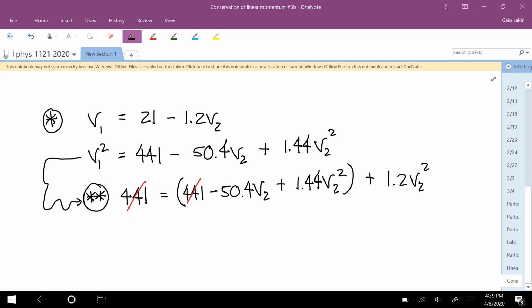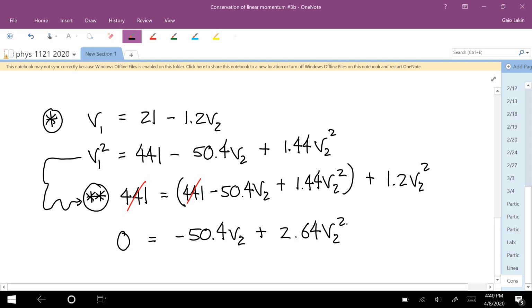And so what we have is the equation 0 is equal to negative 50.4 V2 plus 2.64 V2 squared.